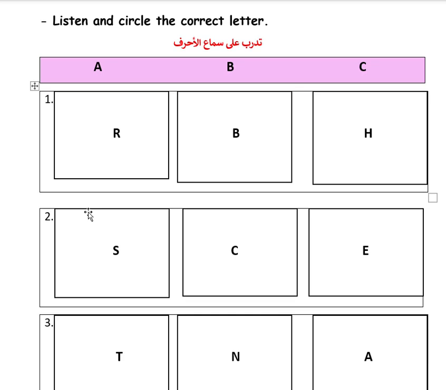All right. Now the next activity, it says listen and circle the correct letter. So we have to listen and circle the correct letter. Here we have letters. Number 1, there are 3 letters. Number 2, there are also 3 letters, and it is the same with 3 and 4. All right, let's do it.